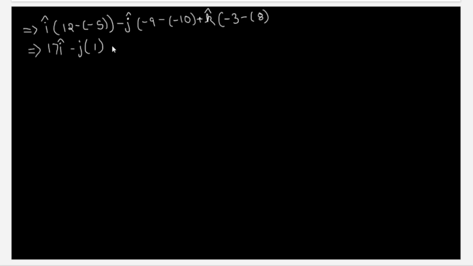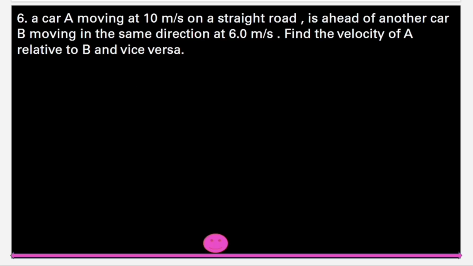Plus k, don't forget to put the caps. Minus 3 minus 8 is minus 11. Then we get 17 i cap minus j cap minus 11 k cap. This is the answer.